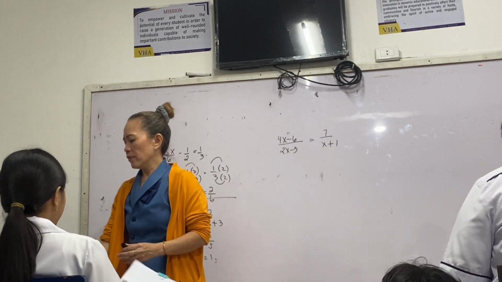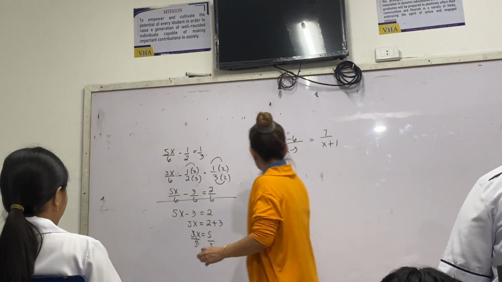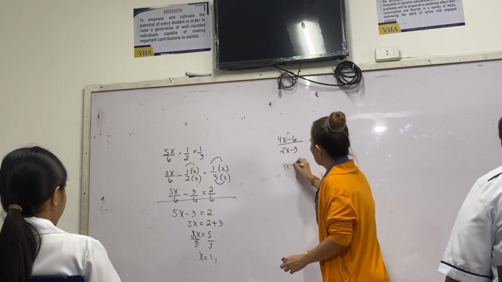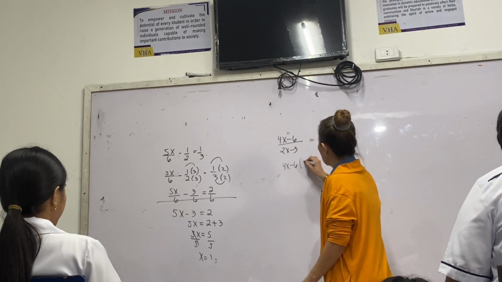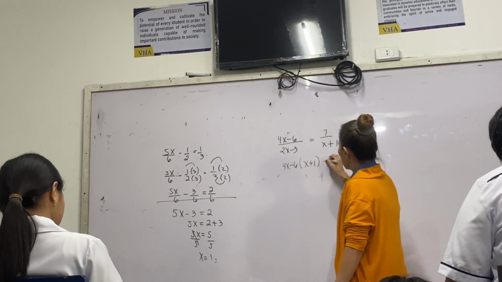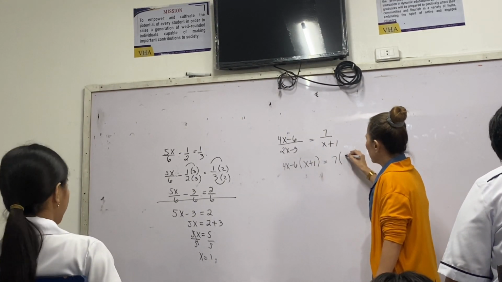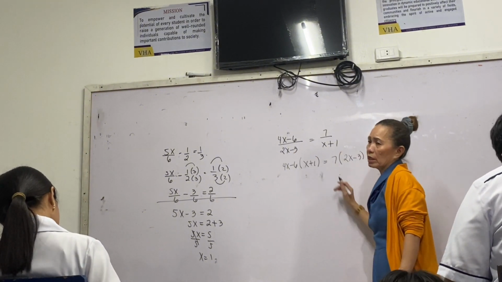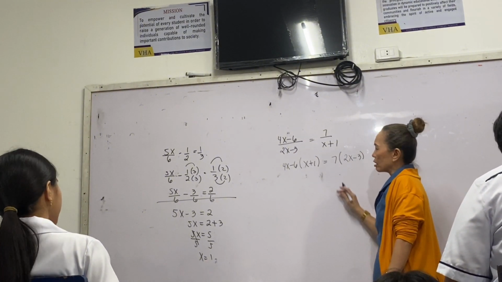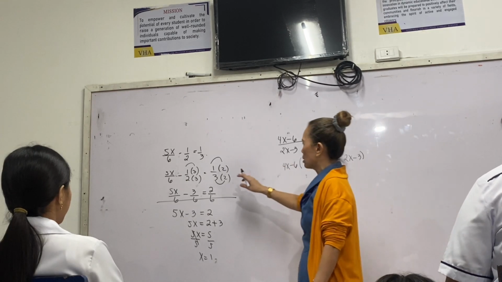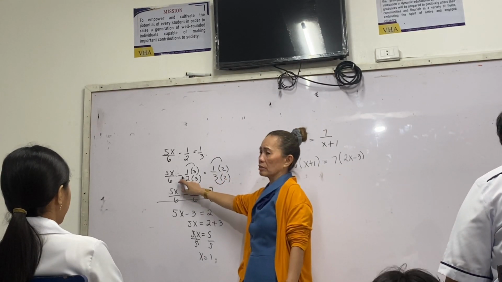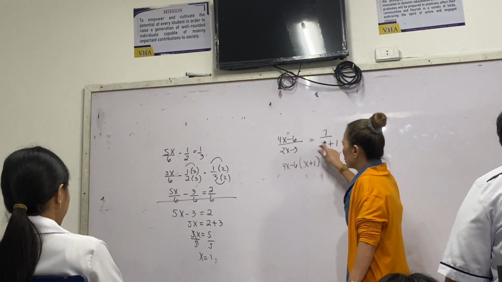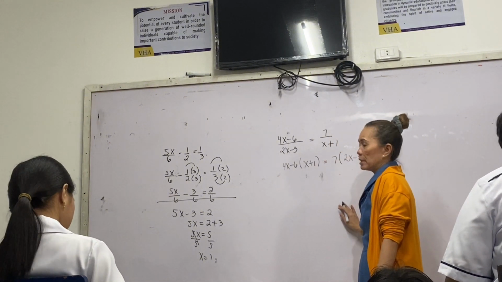Okay, so we have now, cross multiply po doon tayo. So we have 4x minus 6 times x plus 1 is equal to 7 times 2x minus 3. Mawawala na po yung denominator. Nagkakaroon lang po ng denominator kapag the operation is subtraction and addition. But if in between is equal, so mawawala yung denominator.